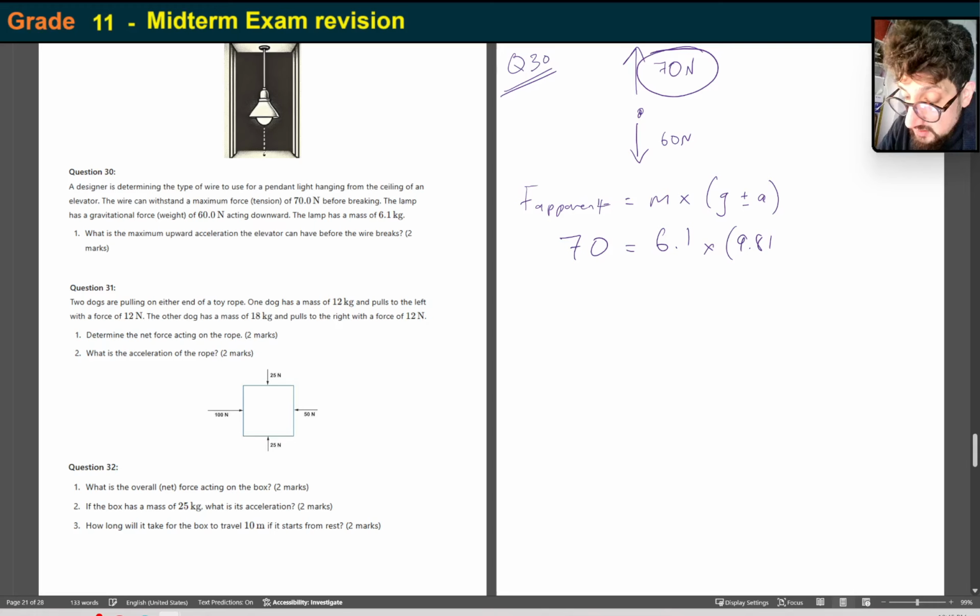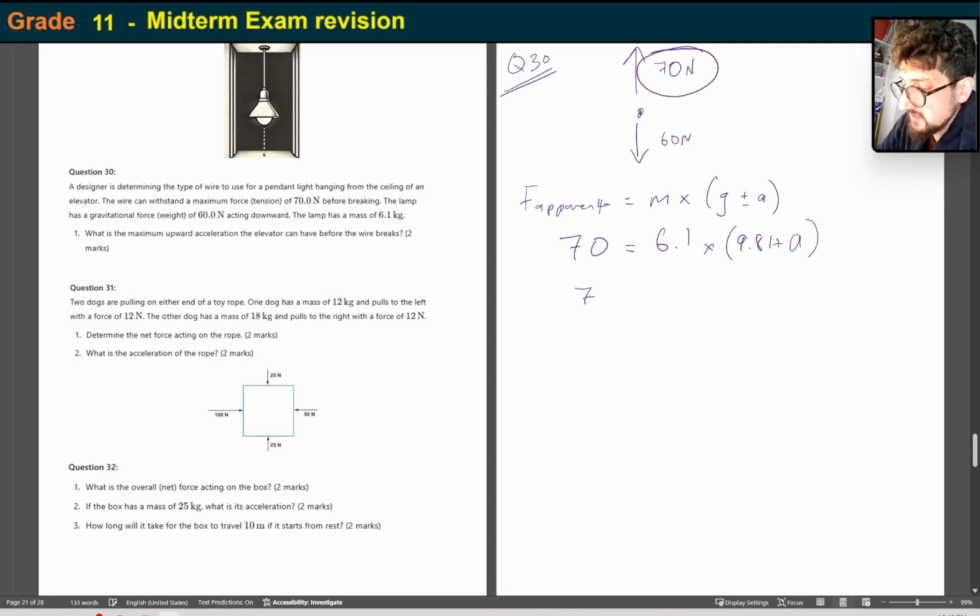What is the maximum upward acceleration? It's going to be plus the acceleration, because as I'm pulling upwards, the cable is going to experience more acceleration.